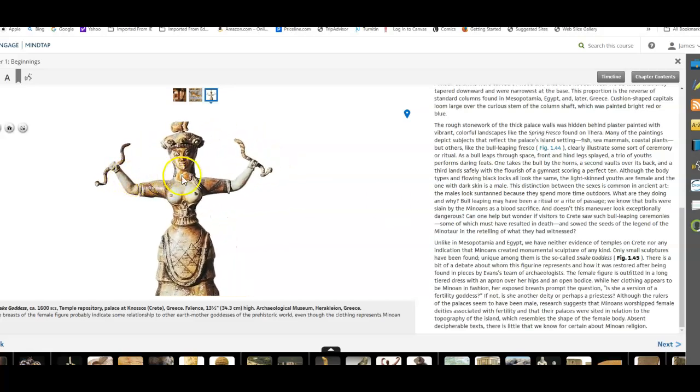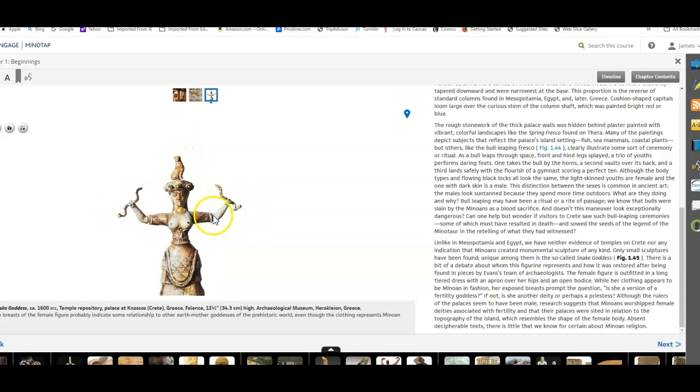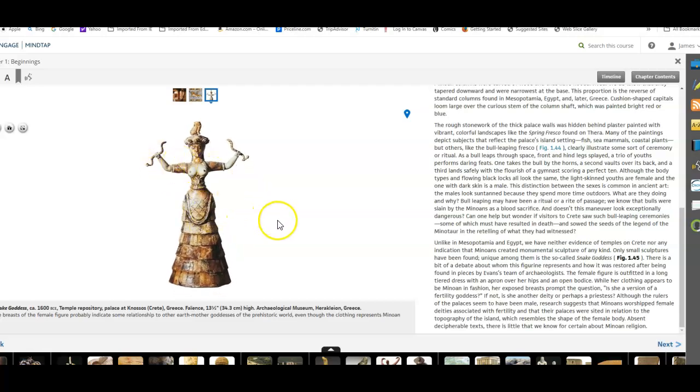Maybe not. The idea of having the cat on the head is interesting, holding the snakes in the hands. Again, there's a good chance that several of these pieces do not belong together, but he wanted something that he could present. So Evans had his workers put the pieces together to form this statue, and later copies of this were made and sold. Again, we don't know if that's really how it was supposed to have looked, but that's how it was put together.